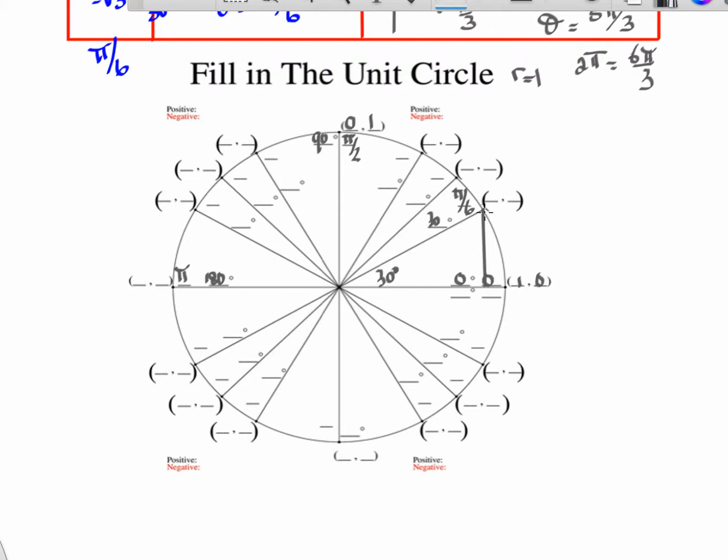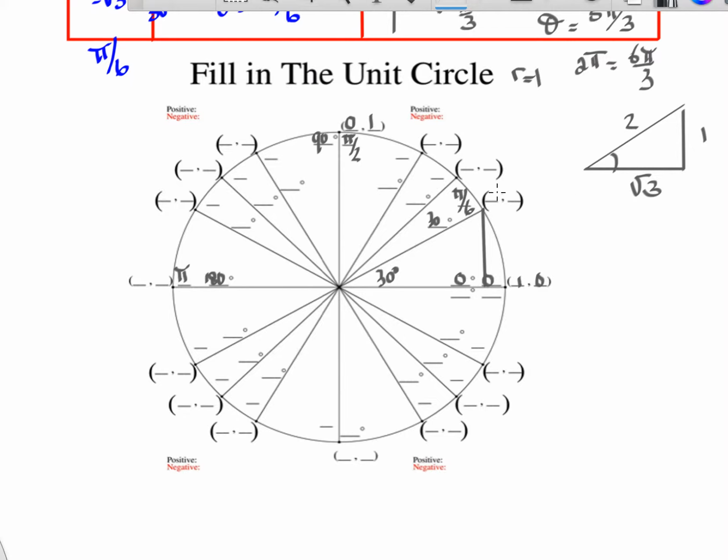And then you need to come up with the coordinates over here. Well, if it's a 30-degree triangle, let's just do the triangle out here for just a second. The values should work even if I don't make the radius here 1. So a 30-degree triangle would be 1, square root of 3, 2.